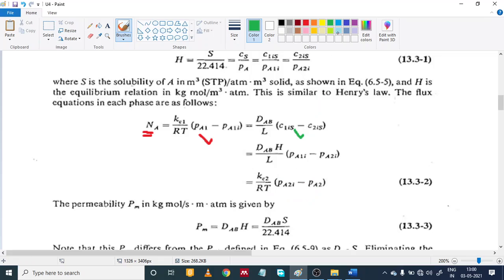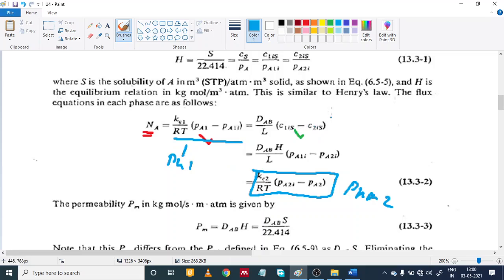So this is for phase 2, this is phase 1, and this is in the membrane. So now in the membrane we have transferred this equation into this form.